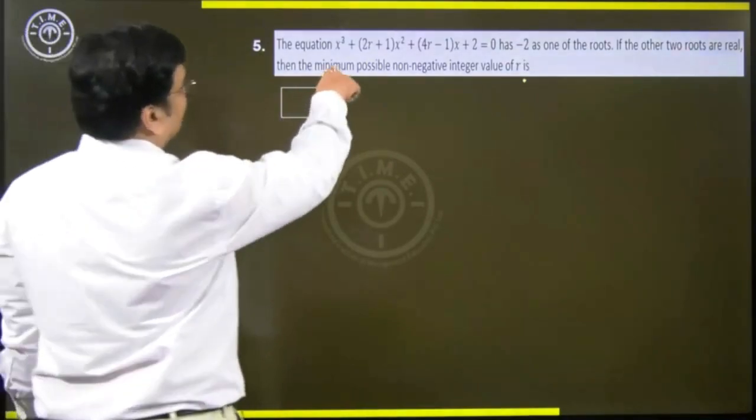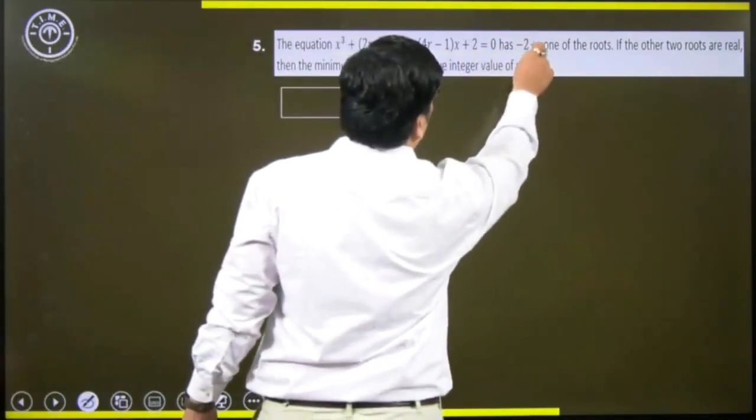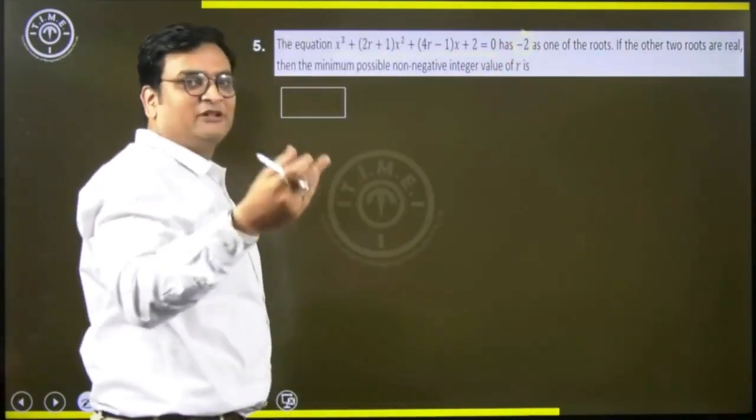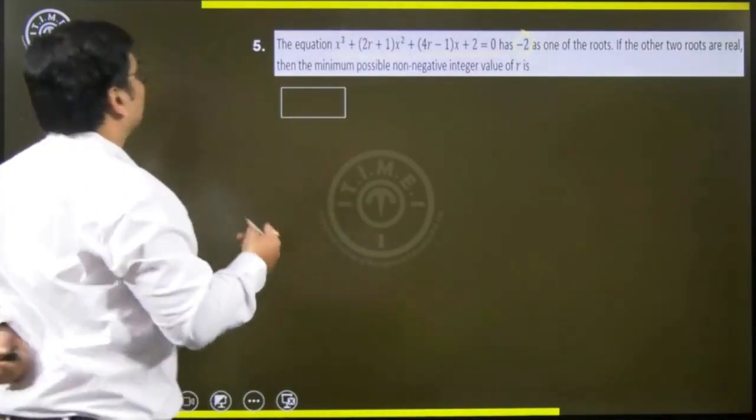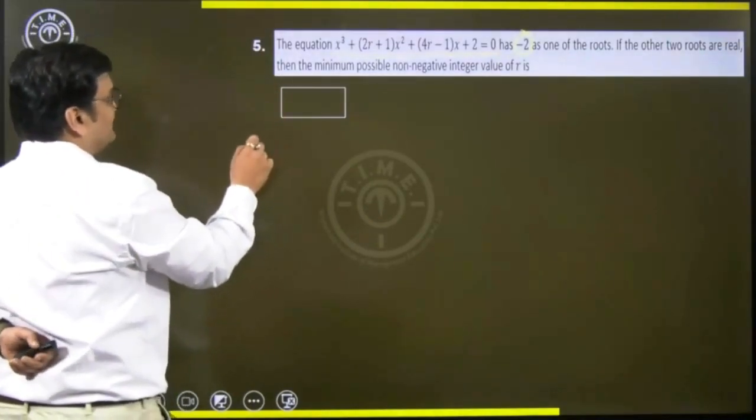So, he says this equation has minus 2 as one of the roots. That would mean, if I substitute minus 2 here, it should naturally satisfy the equation. So, when I substitute minus 2, let's see what we get.